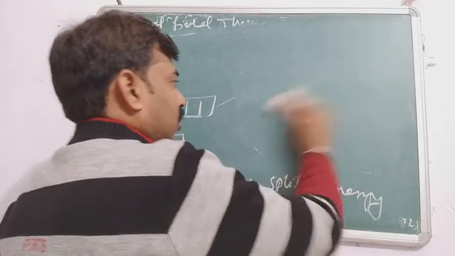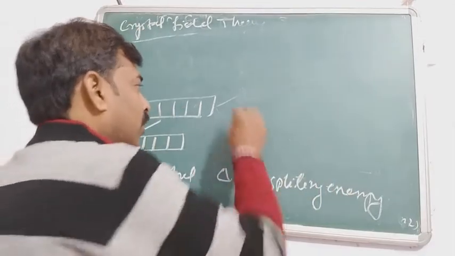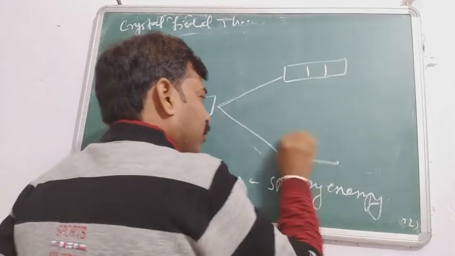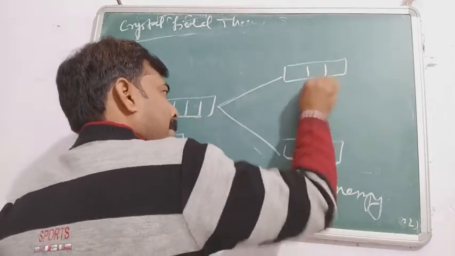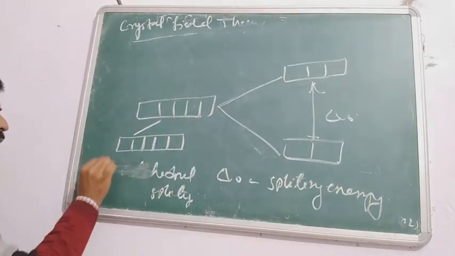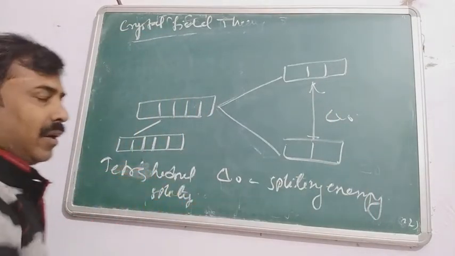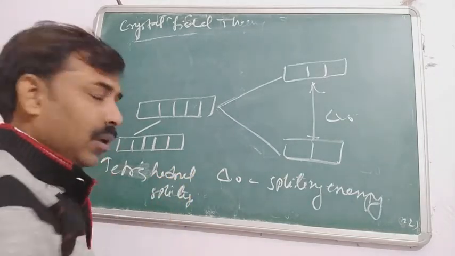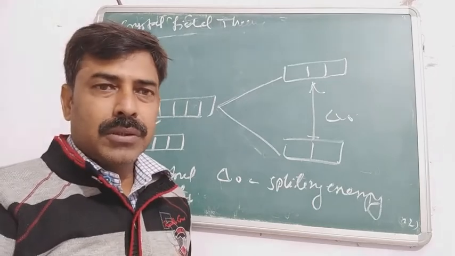In that case the splitting that takes place is called tetrahedral splitting. The only difference is this, and this time it is called tetrahedral splitting. So it is the splitting which is responsible for the different properties.